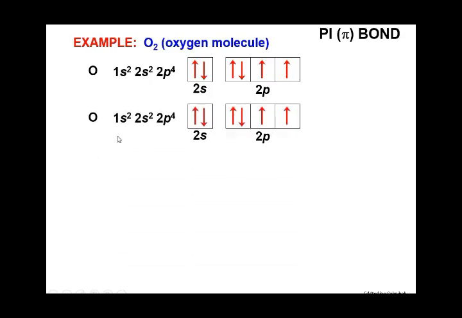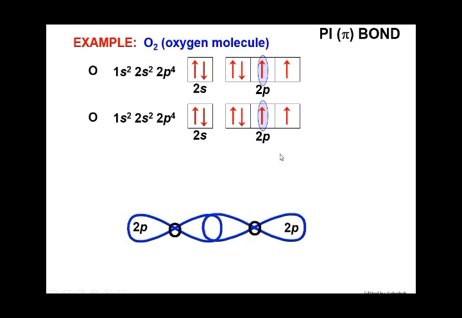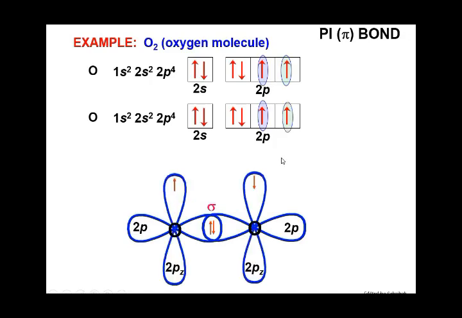When the other oxygen atom shares electrons with the 2p electron, and then the next sharing of electrons will produce a pi bond. This is overlap, parallel, side to side.